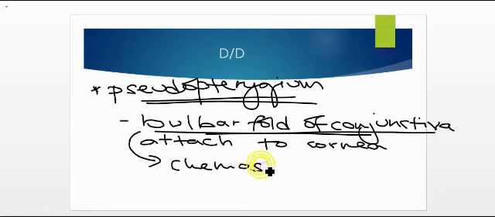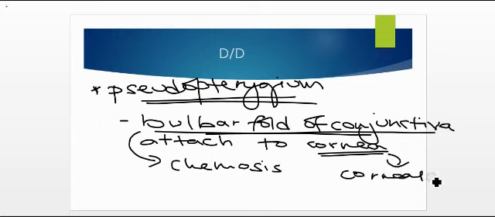In many conditions there is chemosis, and whenever the cornea has what is that? Ulcer, corneal ulcer. So what happens is this chemosed part, chemosed bulbar fold of conjunctiva, this swelled up area gets attached to the corneal ulcer. Clear?